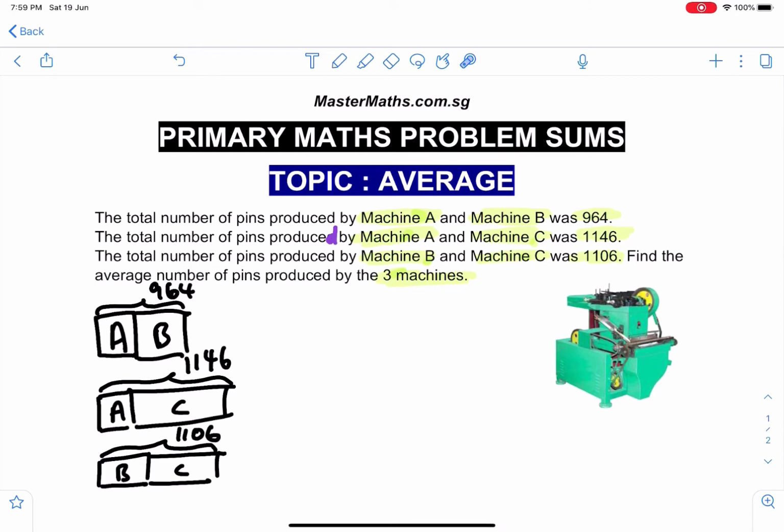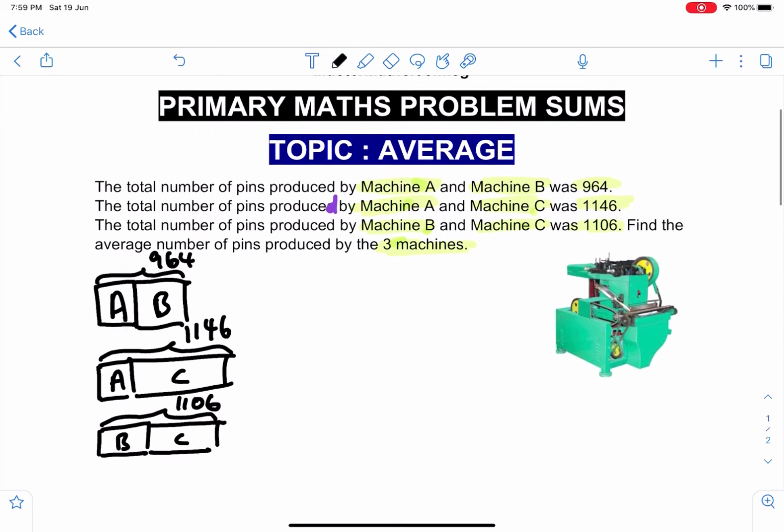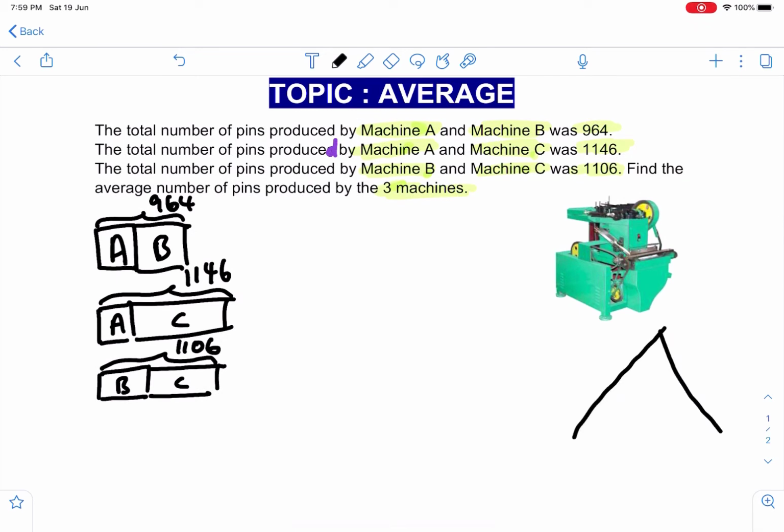And to find the average of the three machines, we can use a Tan triangle, whereby to find the average, we need to know the total of the three machines divided by 3.